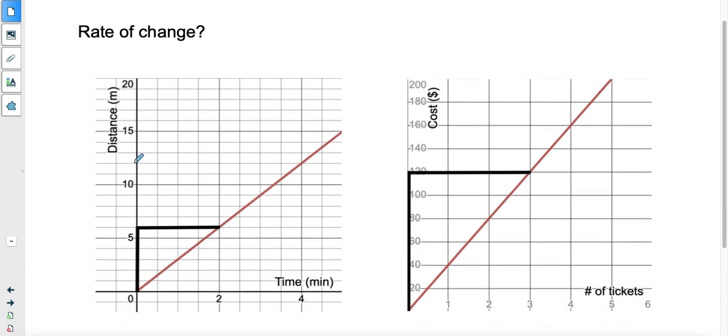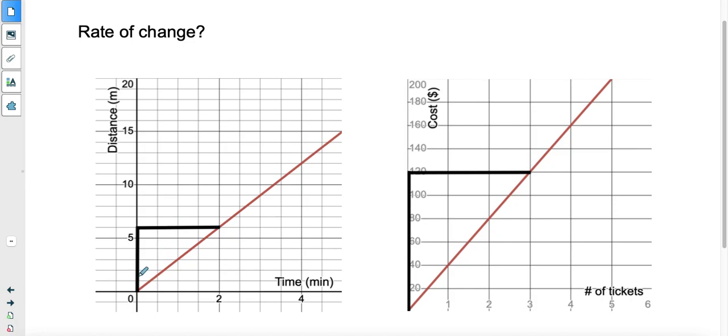So in this first example, I want to find the rate of change of this line. So remember, to find the rate of change, we need to take the rise and divide it by the run. So we need to look at how much does this go up by, and divide it by how much does it go to the right. So let's take a look at this first line here.